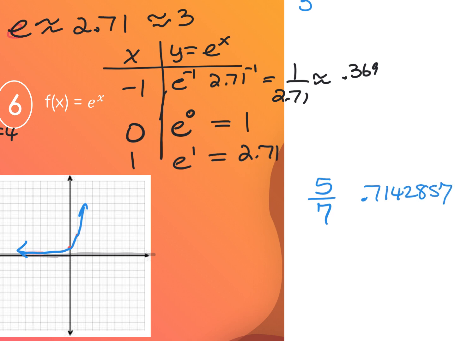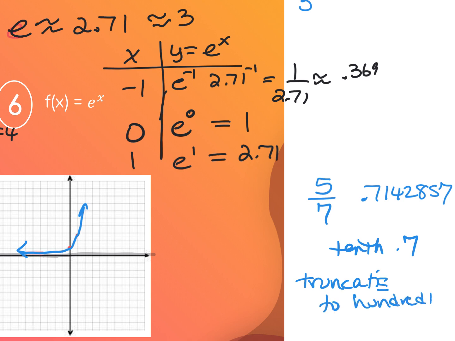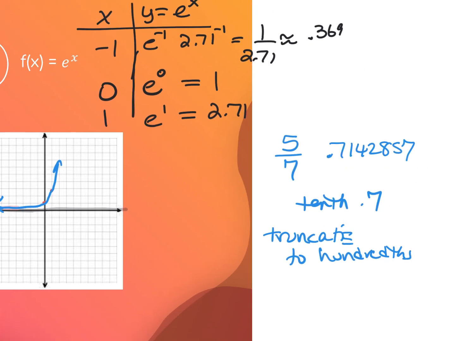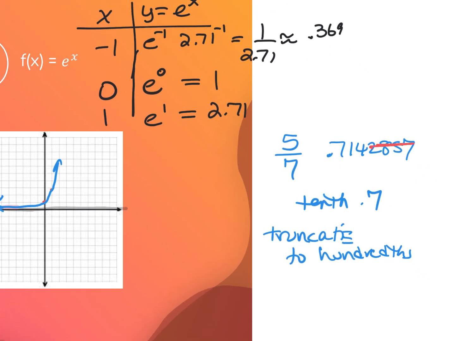If it said round to the tenth place, this answer would be 0.7. But if it said truncate, then let's say it said truncate to the hundredths. What this means is anything that's after the hundredths place, chop it off. So truncate means just chop off.